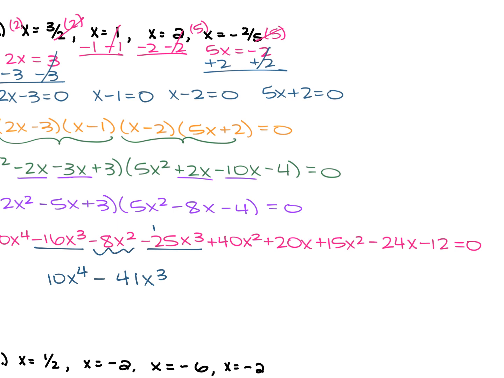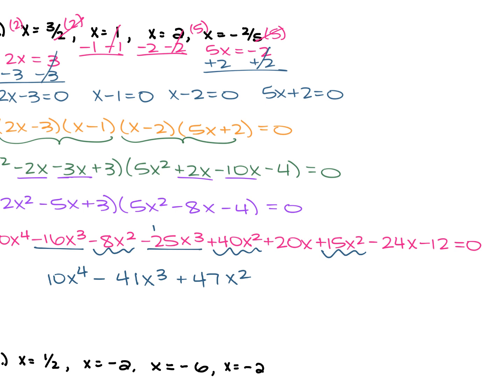Next, you have negative 8x squared plus 40x squared plus 15x squared. If we do the negative 8 plus 40, that's 32. Then 32 plus 15 gives us a positive 47x squared.